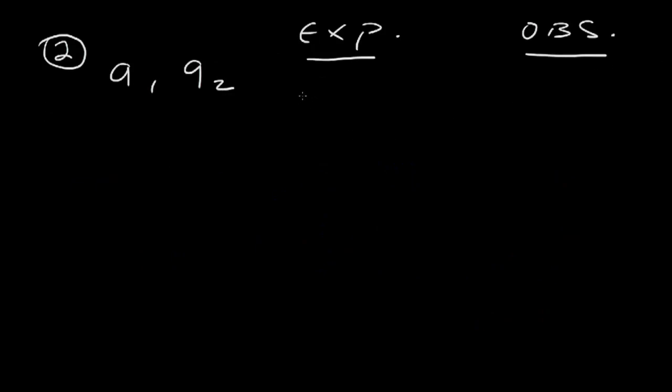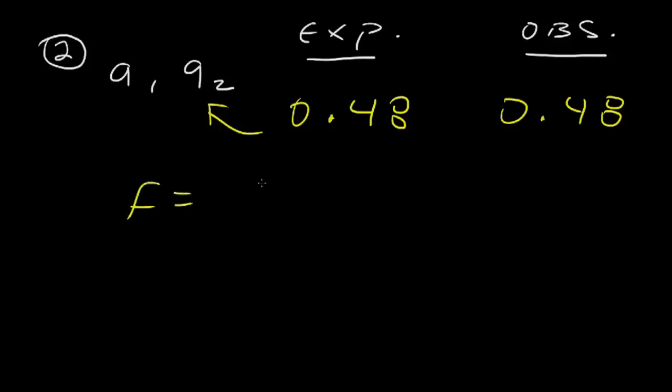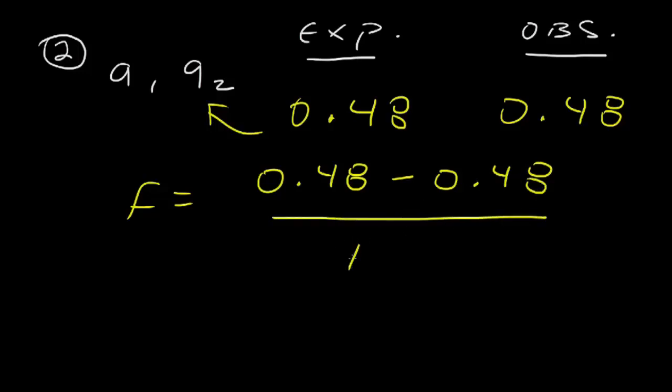With our kit foxes, if we had a 48% expected frequency of those carrying the heterozygous form A1, A2, and we actually observed 48% of the population being that particular genotype, then our F statistic is H naught, 0.48, minus H, 0.48, divided by H naught, which is 0.48.